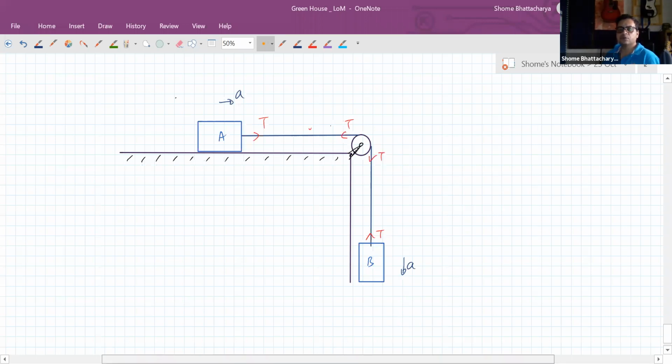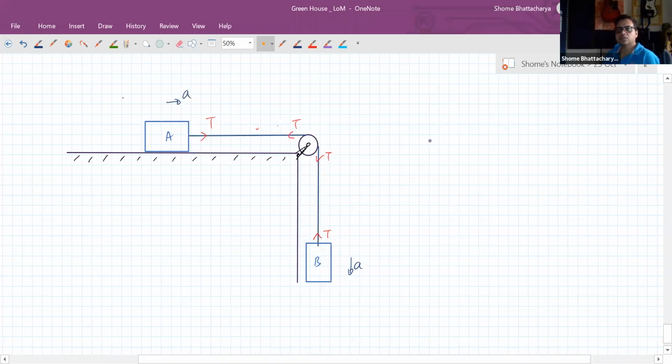So the rest is just about free body diagrams. You see A's free body diagram. The forces acting on it are tension, the only force horizontally, and normal reaction and weight balancing each other, and it has an acceleration a. So tension should be equal to mass into acceleration. Normal reaction balances weight.